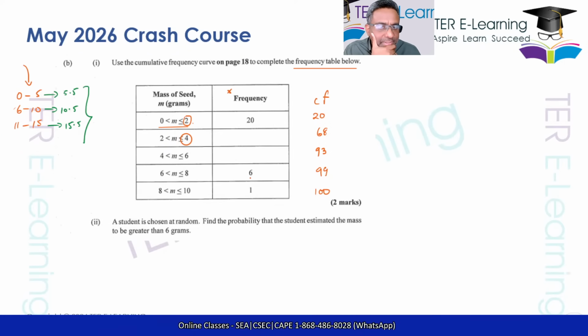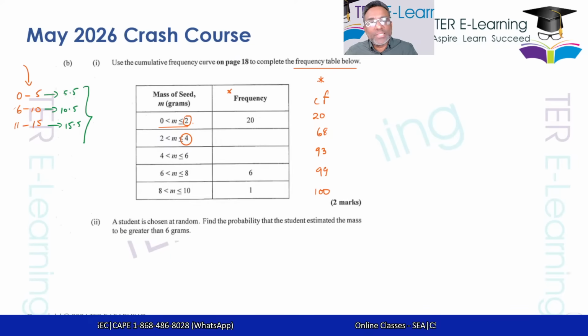Now, let's check something first. If we look at the data, you have cumulative frequency from your graph itself. Now you're working backwards to figure out what your frequency is. If this is the original frequency and your cumulative frequency went up to 68, it means you would have added 48 more to get that 68.